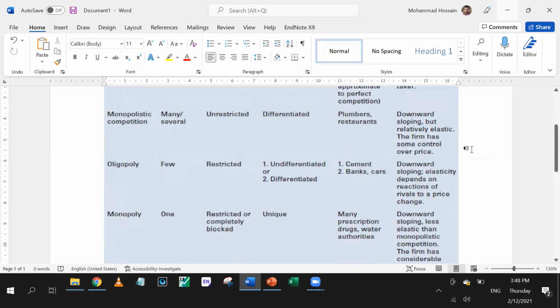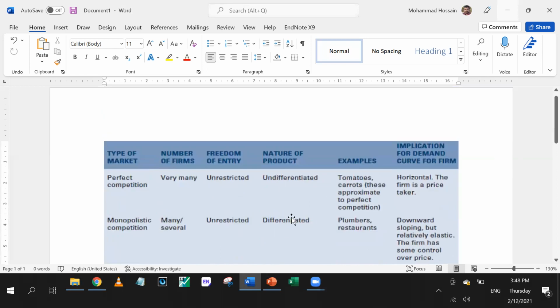Now, if you ask me about monopoly, in the same way I will go through the 4 points. Number of firms in monopoly: only one seller, lots of buyers. Freedom of entry? No, freedom of entry is restricted, or there are barriers to enter into the market.